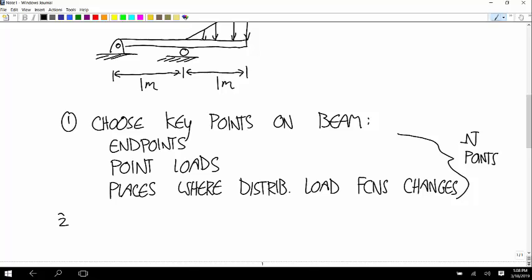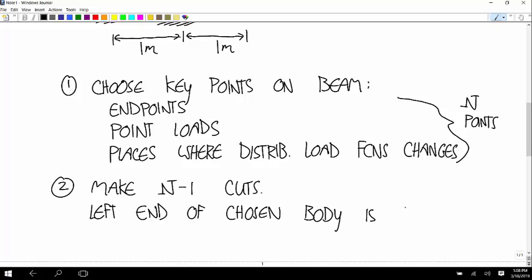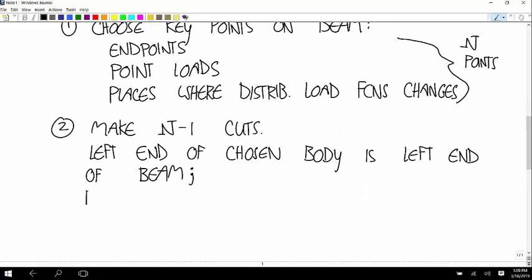Once you've done that, we're going to make N minus 1 cuts, where the left end of the chosen body is the left end of the beam, and the right end is between the key points.